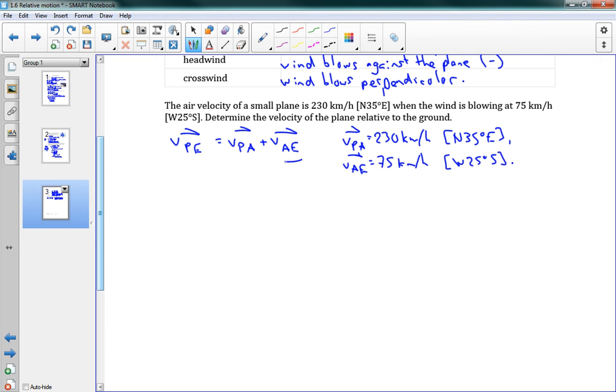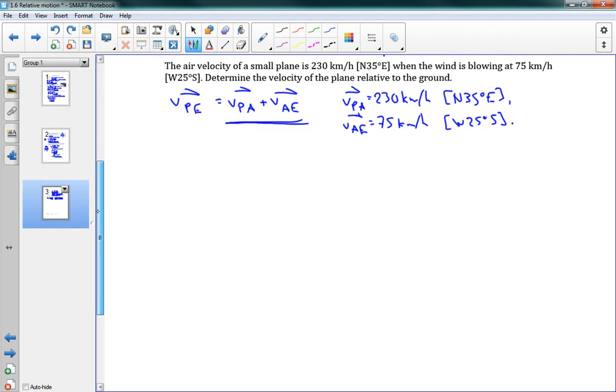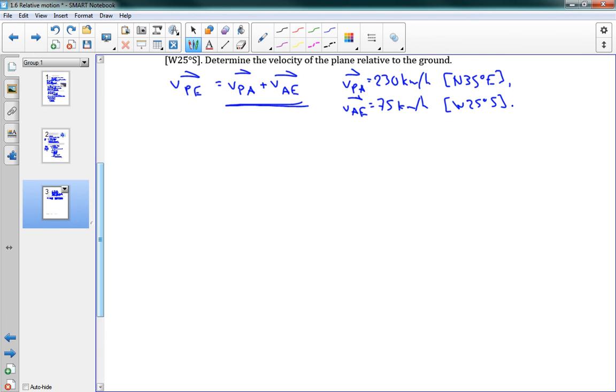Now you need to add those together, and it's just like any of these other problems, but unfortunately now this is a 2-dimensional problem. You need to set up your crosshairs. We can say that plane relative to air, north 35 degrees east, we're going up this direction. We have 35 degrees, which means this here is going to be 55 degrees.